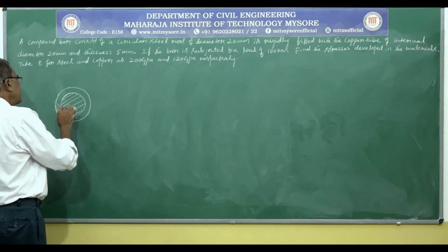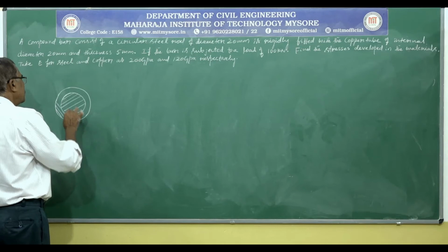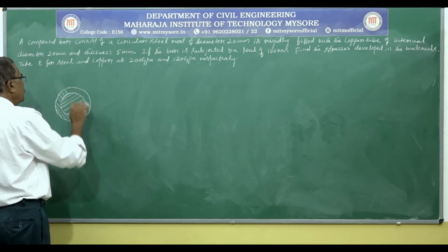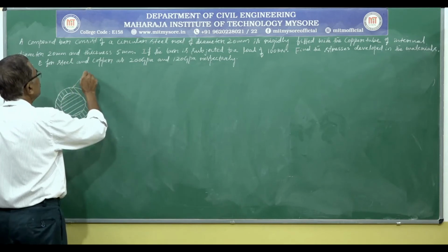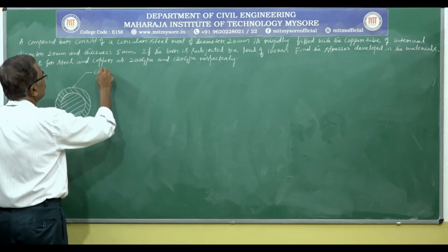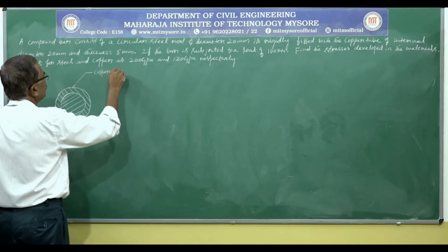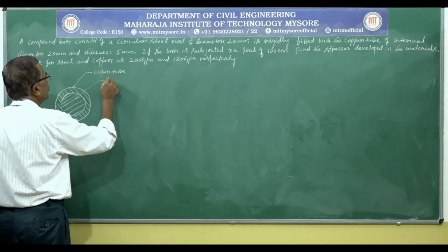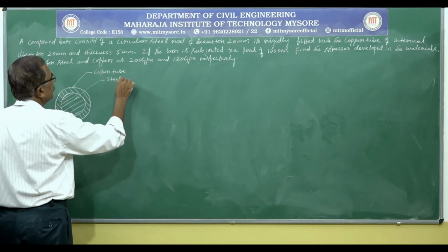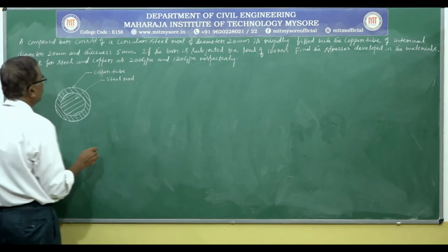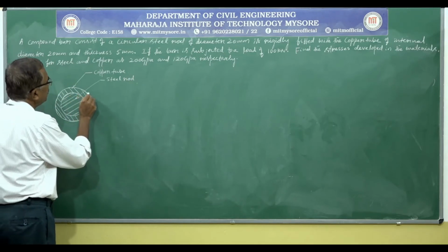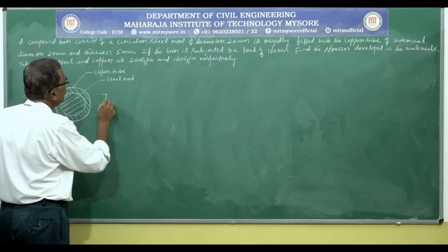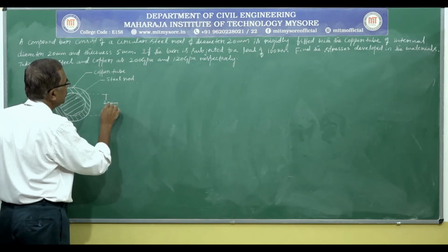The different materials are hatched in different directions. This is a copper tube. This is the steel rod, having a diameter of 20 millimeter.